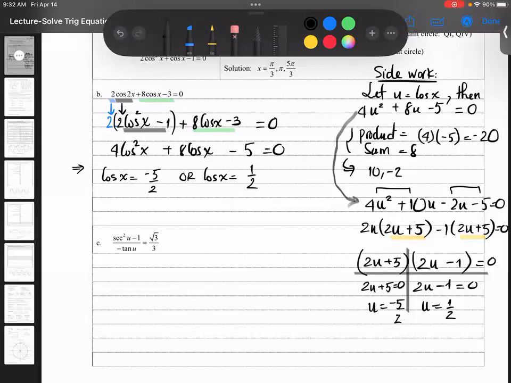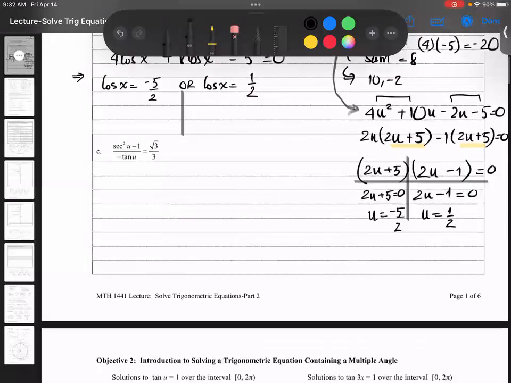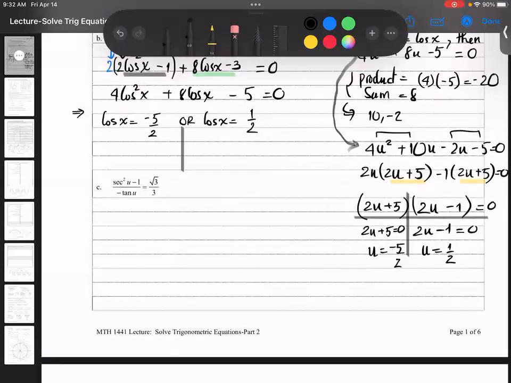You put u back, right? You substitute cosine x back. And then you have a solution. Yes, that's it, right? On the exam, that's it. Everything you already know, you just have to do one step at a time.